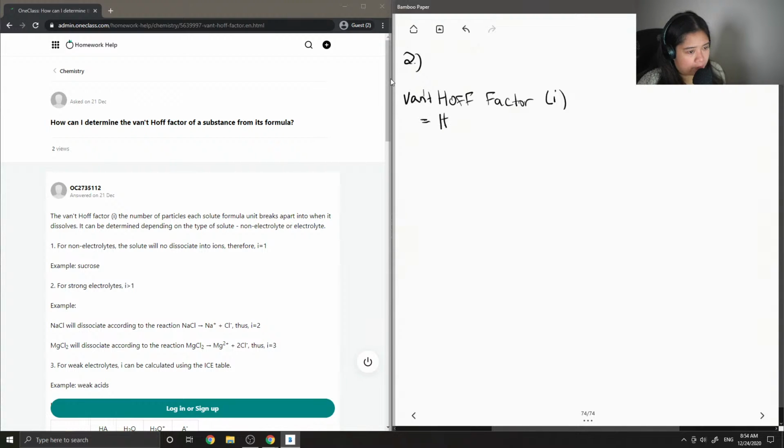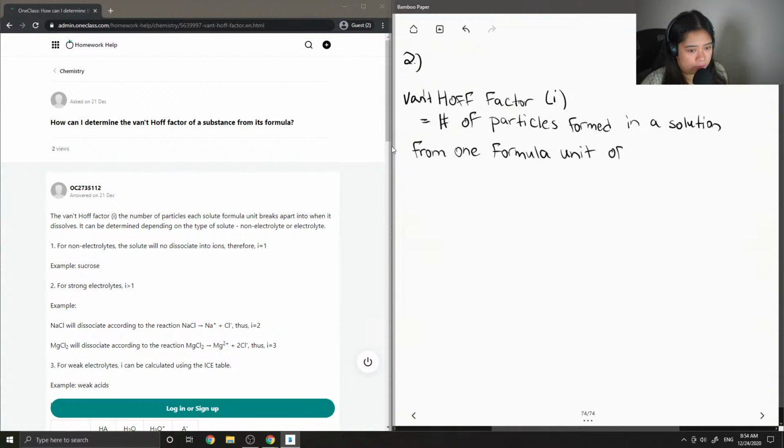This is the number of particles formed in a solution from one formula unit of a solute.